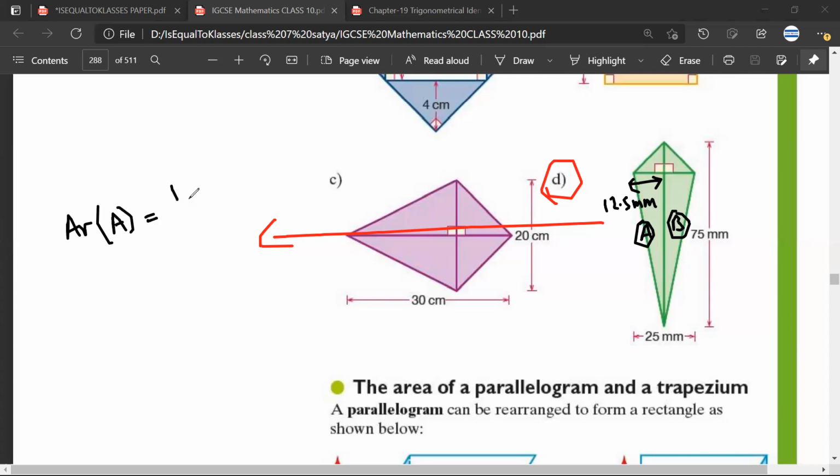So I did. The answer is 937.5 millimeters squared.